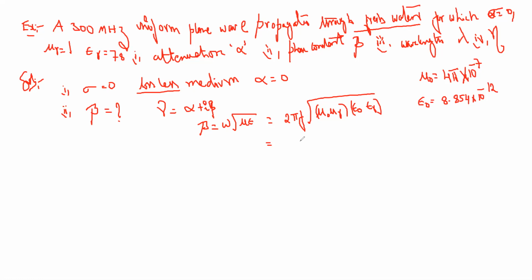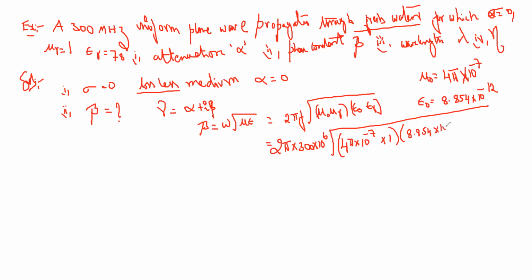Given the frequency is 300 mega, so 2 pi into 300 into 10 power 6, and under the root, mu naught is 4 pi into 10 power of minus 7, and mu r is equal to 1, multiplied with epsilon naught, 8.854 into 10 to the power of minus 12, and epsilon r is given as 78.